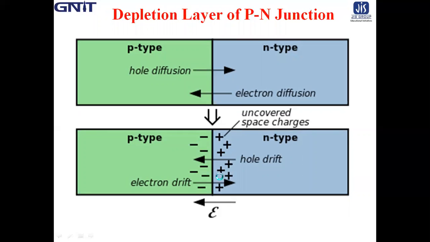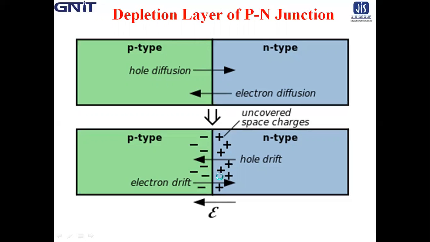The direction of the built-in electric field is such that it prevents further diffusion of electrons from N to P region and holes from P to N region respectively.